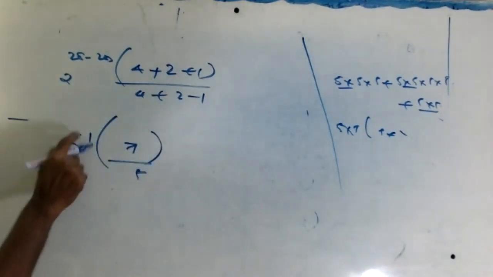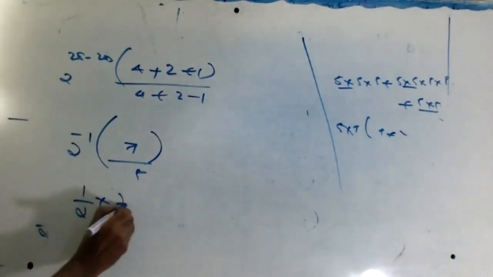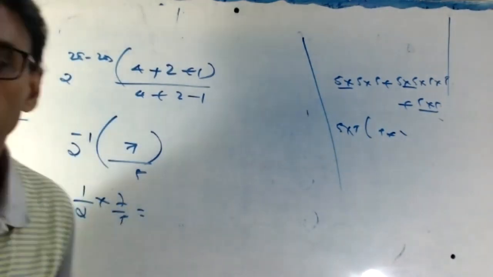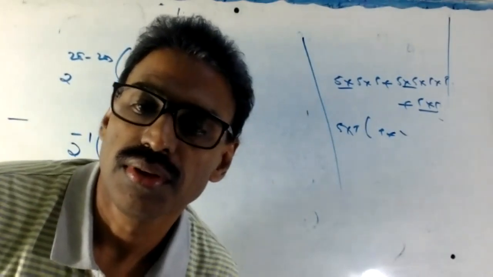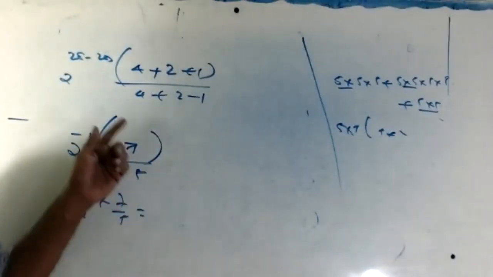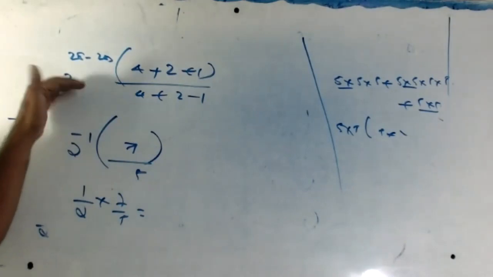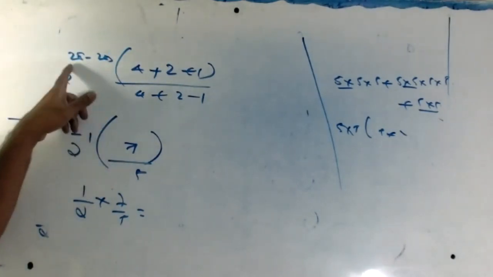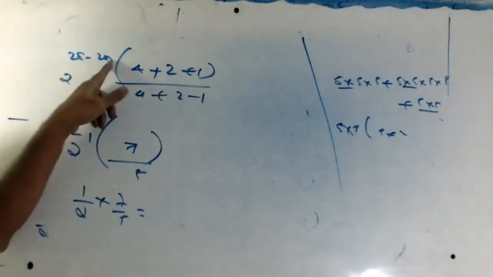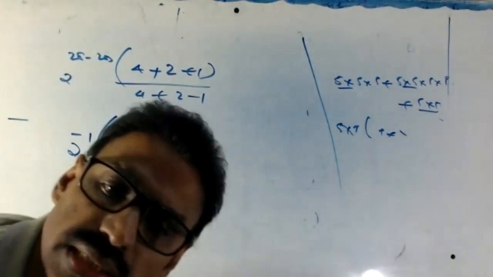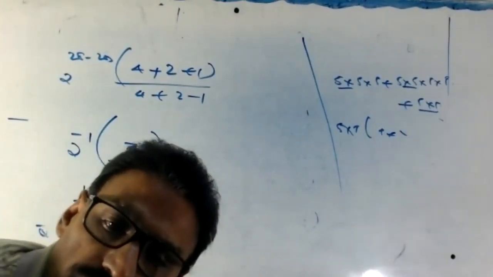Then 2 raised to minus 1 coming down, into 7 by 5, that is 7 by 10. I already explained: 2 raised to 28 minus 29 is 2 raised to minus 1, which comes down as 1 by 2.